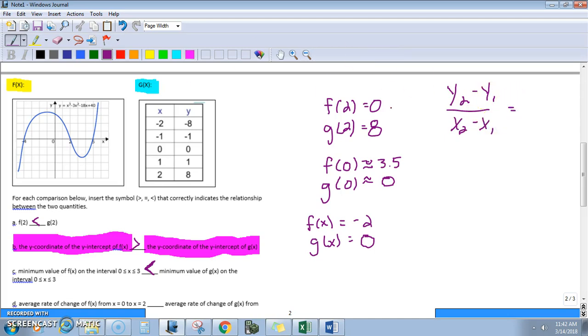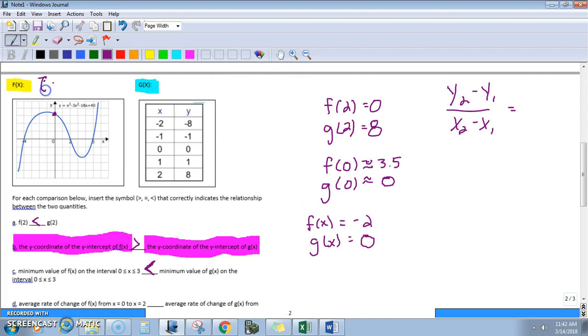Okay, so let's find our values. So for the graph, when x is 0, we are up at about, it's probably not quite, but we said 3.5, right? Let's put the point up here.